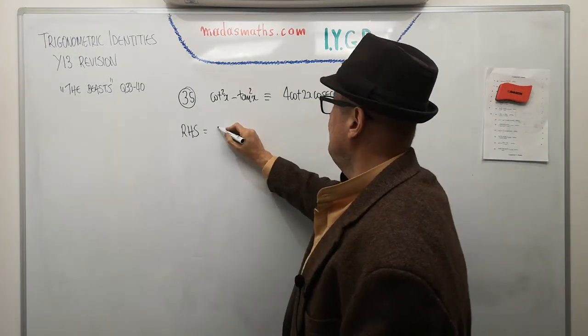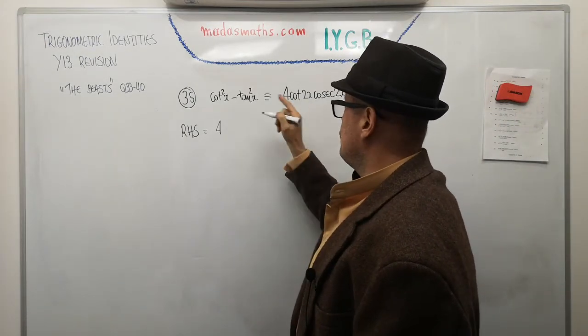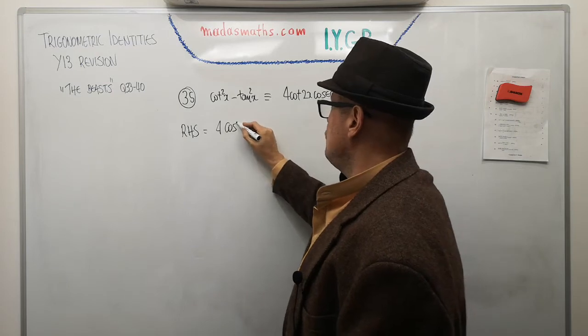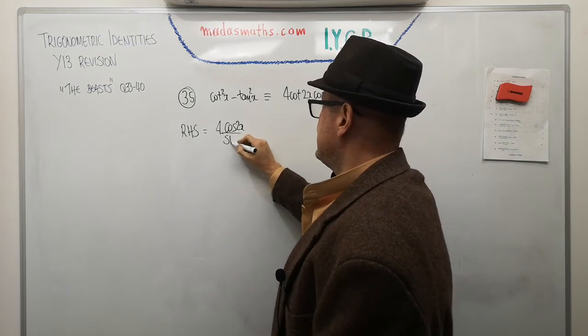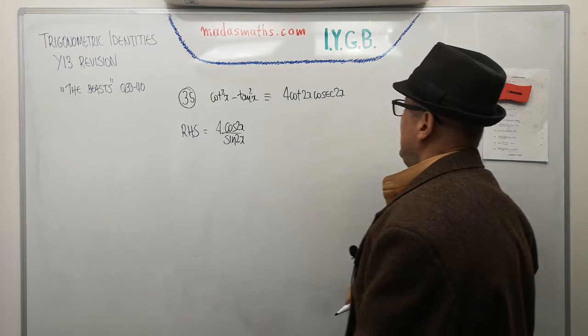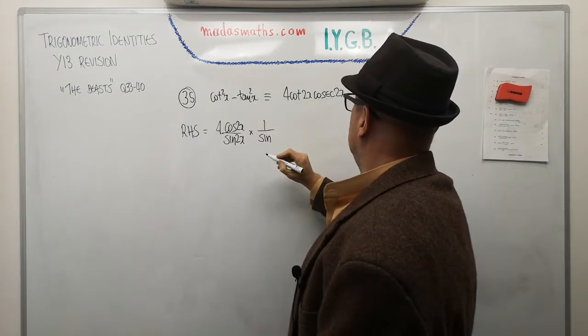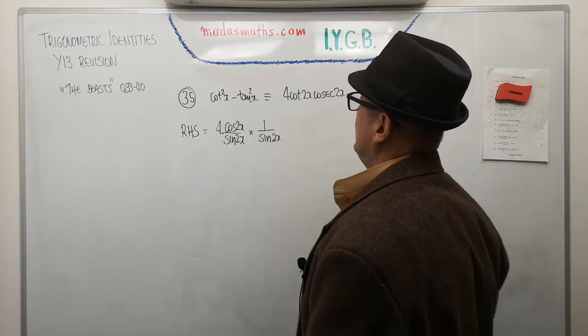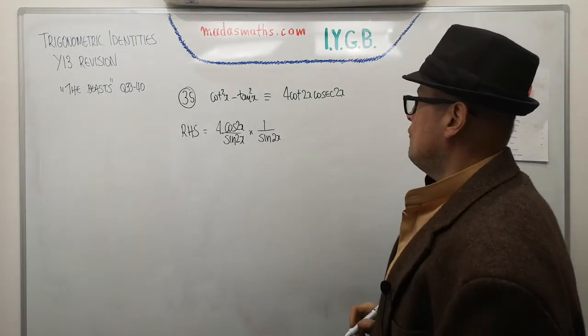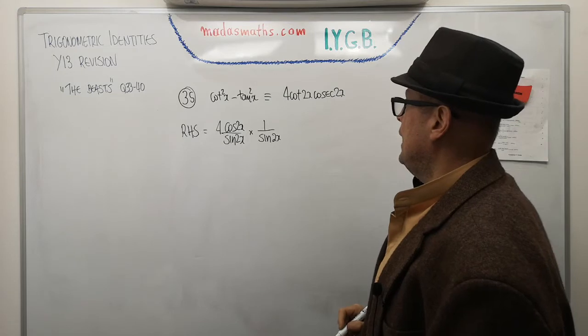So we're going to have 4. The cot is of course cos over sine, so it's going to be a cos of 2x over a sine of 2x. And the cosec, of course, is a 1 over sine of 2x. So this is how far we have gone with this particular expression.